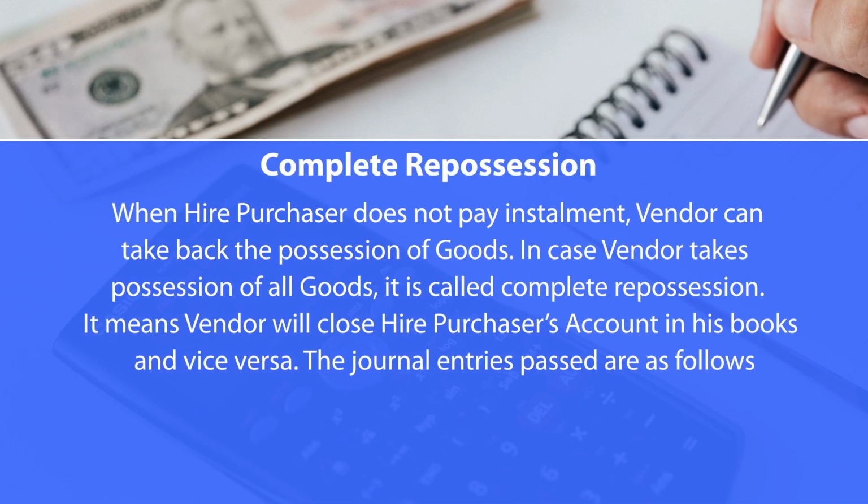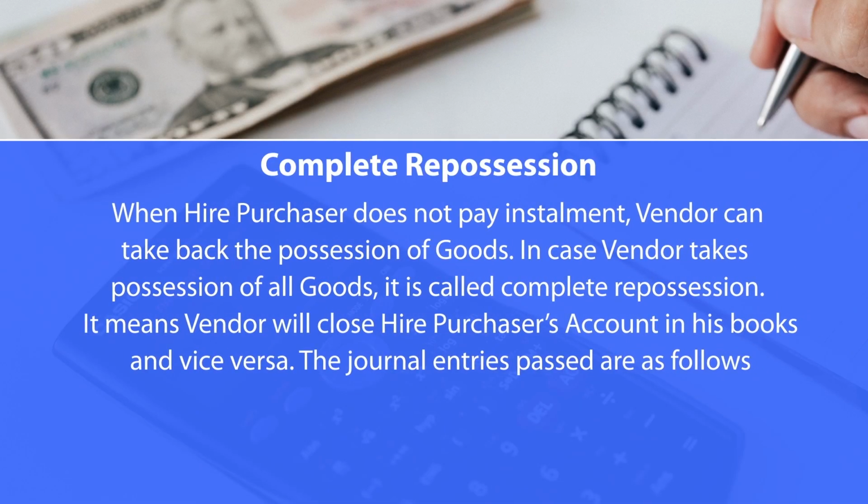When the hire purchaser does not fulfill his promise, if the hire vendor has taken a decision to take the entire goods back, then how will the accounting treatment take place, what journal entry would be passed, we will discuss. When the hire purchaser does not pay the installment, the vendor can take back possession of the goods.